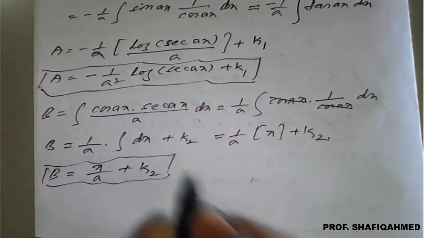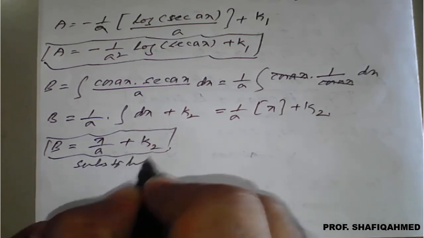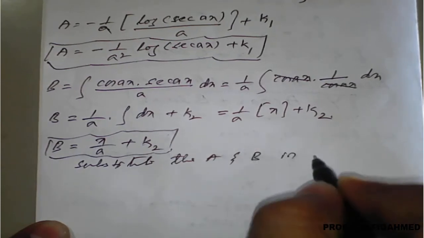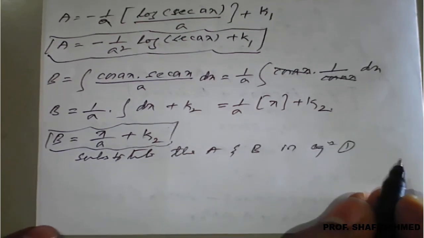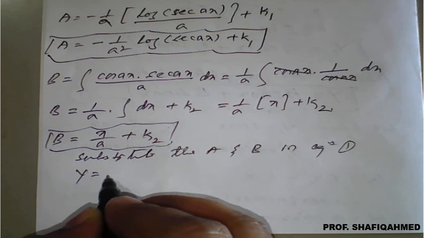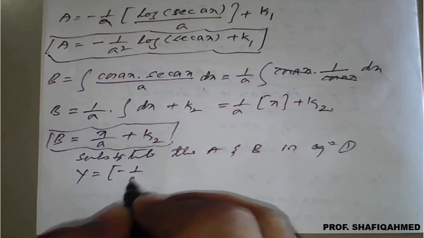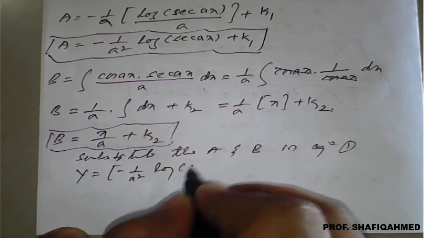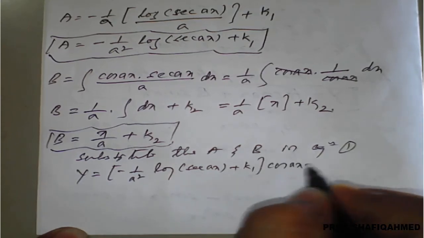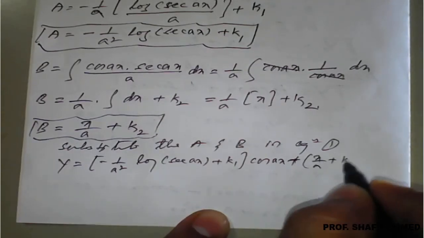Take these values and apply them in equation number 1. Substitute A and B in equation 1, which we assumed for the complete solution, that is y is equal to A into cos of ax plus B into sine of ax. A is minus 1 by a square log of secant ax plus k1, and B is x by a plus k2.